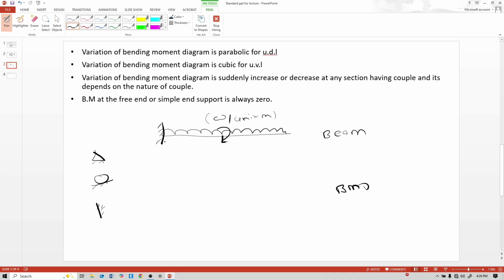If this beam is fixed, then the moment diagram is like this. Hogging moment is generated and sagging moment is generated. This is negative, negative, positive.